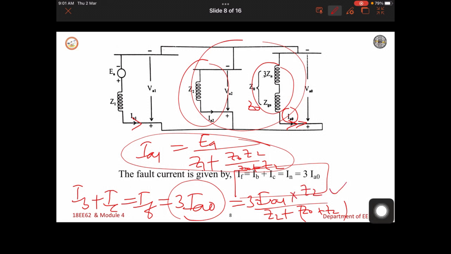This is the formula for finding the IA0 value. By knowing the IA0 value, you can find the fault current. This is the sequence network of a double line to ground fault, and this is the IA0 expression.